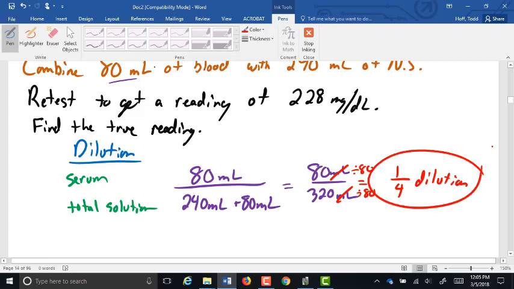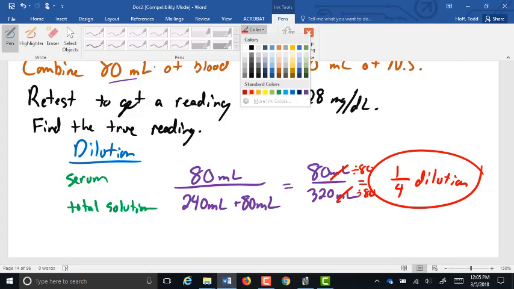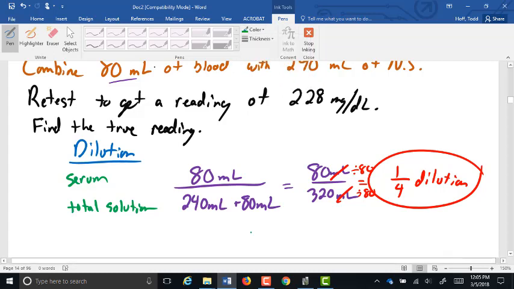Now that we have the dilution, we use that dilution ratio to correct our meter. So the ratio of blood to total solution is 1 in 4. Well, this is the diluted reading.